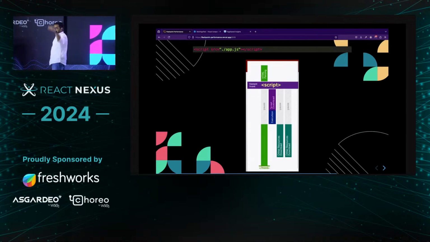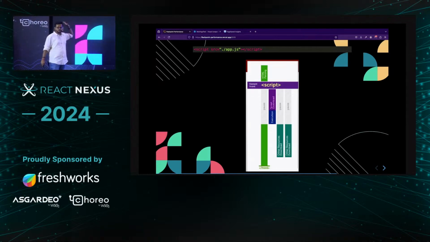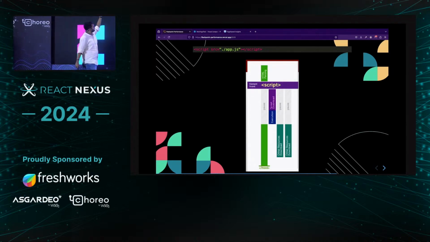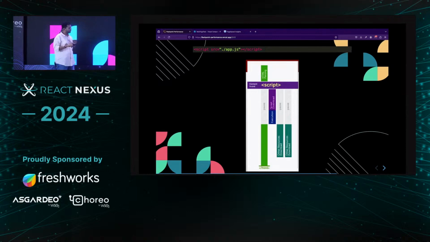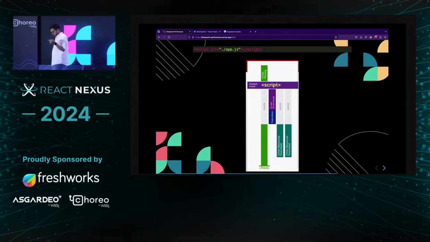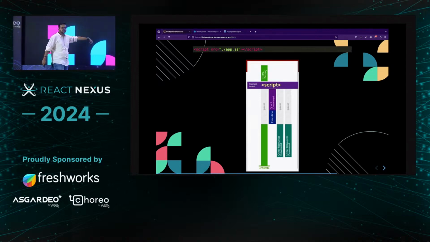At the end, it's just an HTML file which has a script tag with your source app.js. With me here? Now, when the HTML parsing starts and it encounters the script tag, it pauses the parsing. It downloads the script, meaning the JavaScript, it executes the JavaScript, and then it continues the HTML parsing.